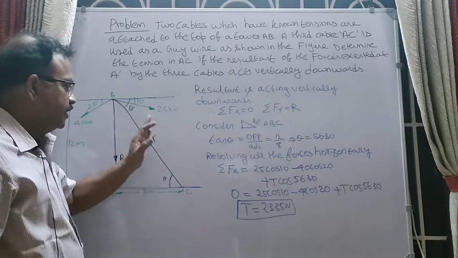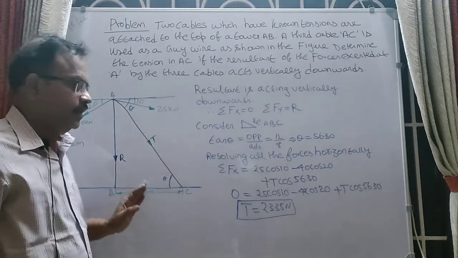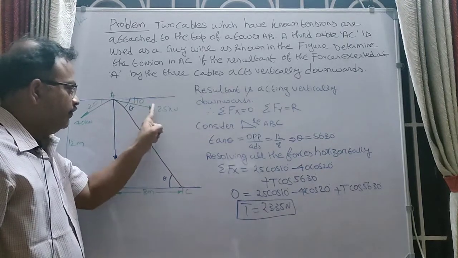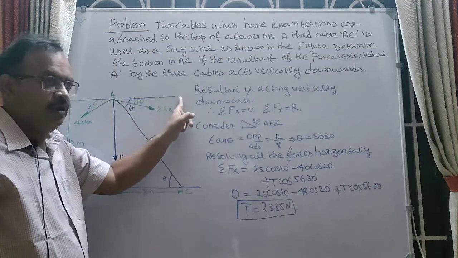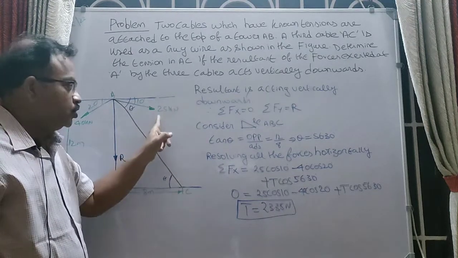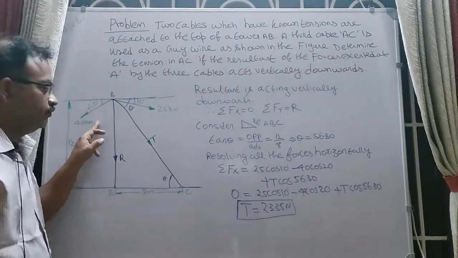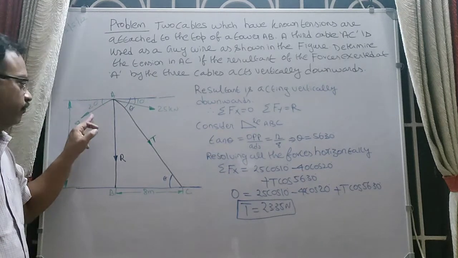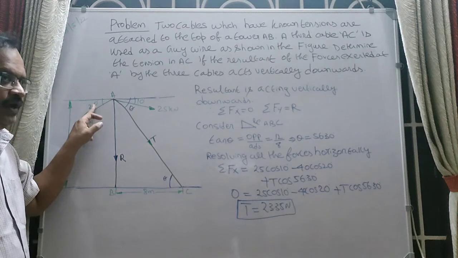Now you resolve all the forces horizontally. Sigma Fx is equal to, if you take the 25 kN force, 25 cos 10. The force is going to act towards the right, so 25 cos 10 is positive. Now if you take the 40 kN force, 40 cos 20, which is 40 into cos of the angle made by the force with the horizontal, it is 20.